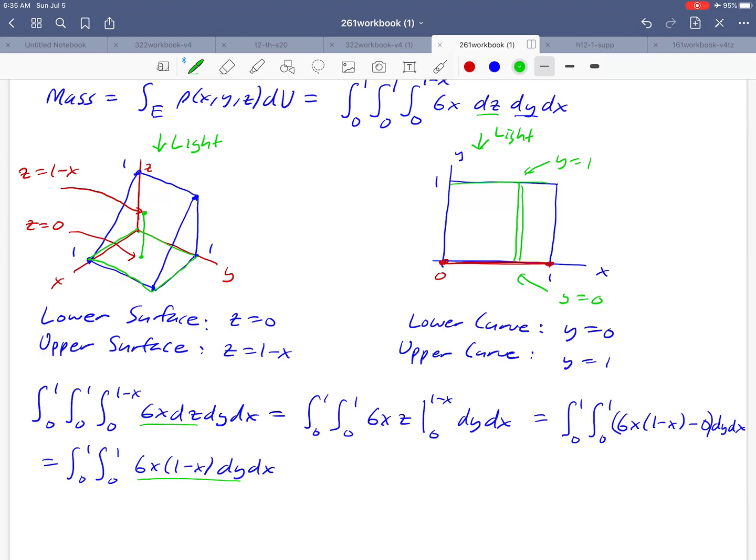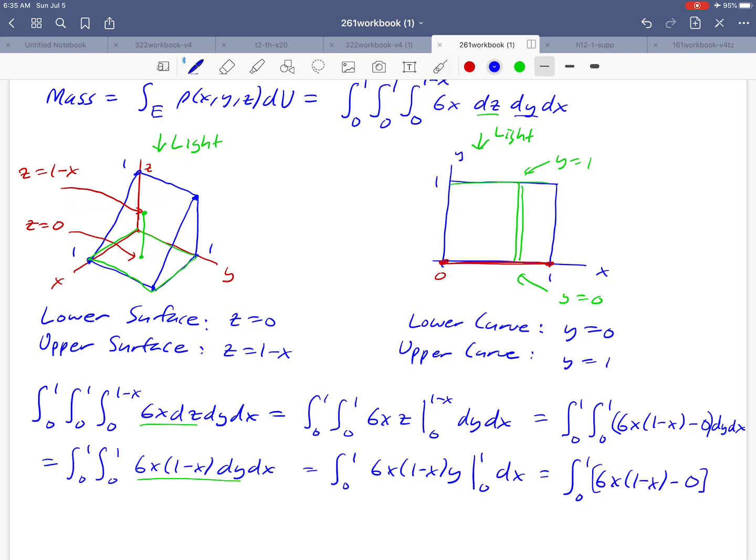We're just going to get 6x times 1 minus x times y for that antiderivative. Okay, and y limits go from 1 to 0. So if we substitute in 1 and 0 for y, upper limit is going to give us just 6x times 1 minus x. And the lower limit's going to be 0.